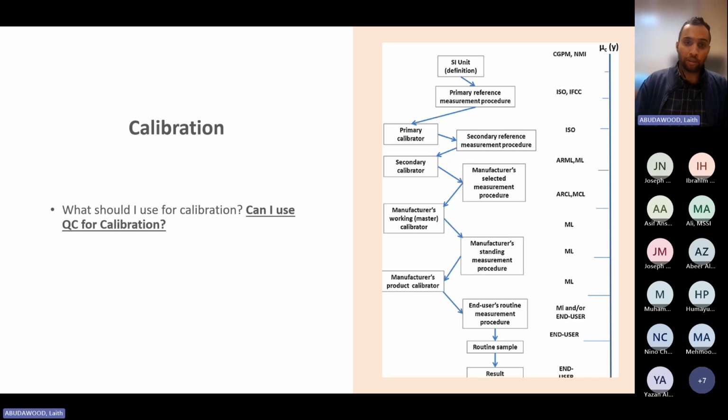So for calibration, when I want to assign the values, how do I do it? How do I know for sure that this is the concentration of this factor or this protein in the calibrator? Now, there are things which are called international references or international reference preparations. These are simply plasmas.